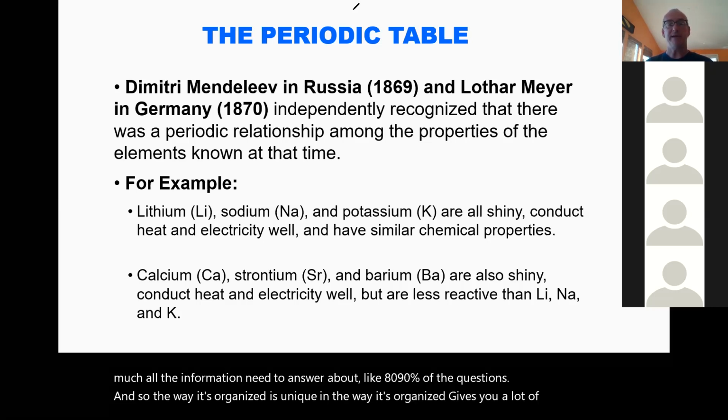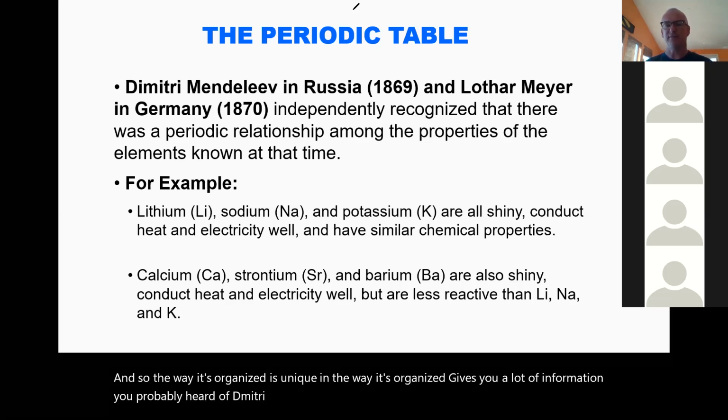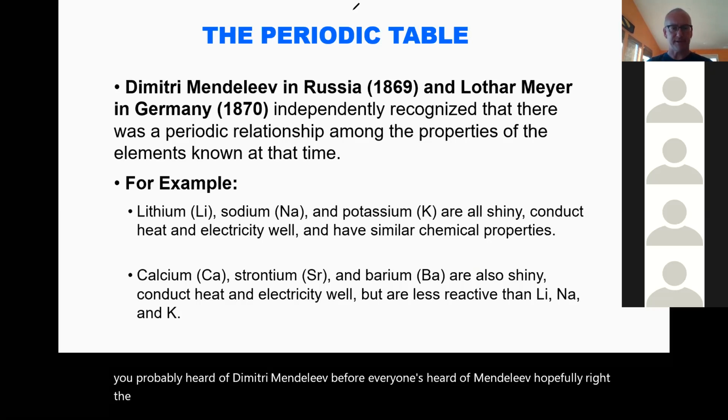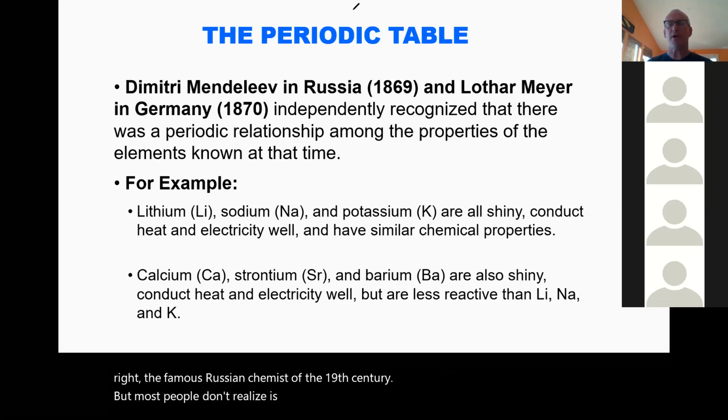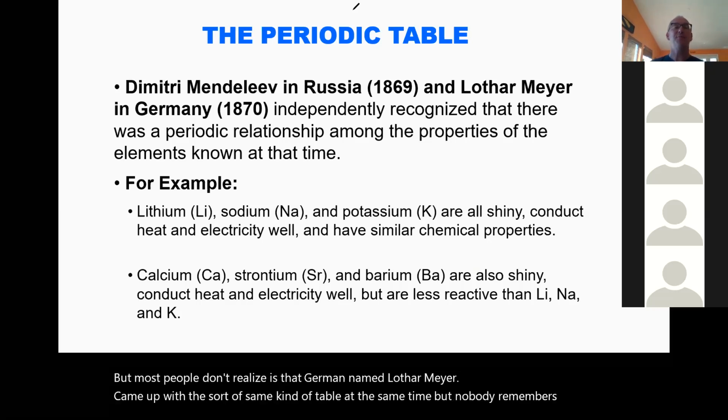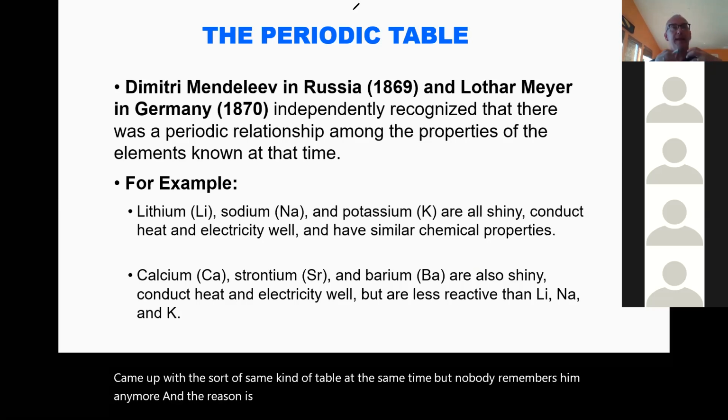So you've probably heard of Dmitri Mendeleev before. Everyone's heard of Mendeleev, hopefully, right? The famous Russian chemist of the 19th century. What most people don't realize is that a German named Lothar Meyer came up with the same kind of table at the same time, but nobody remembers him anymore. And the reason is because Mendeleev really liked to self-promote.